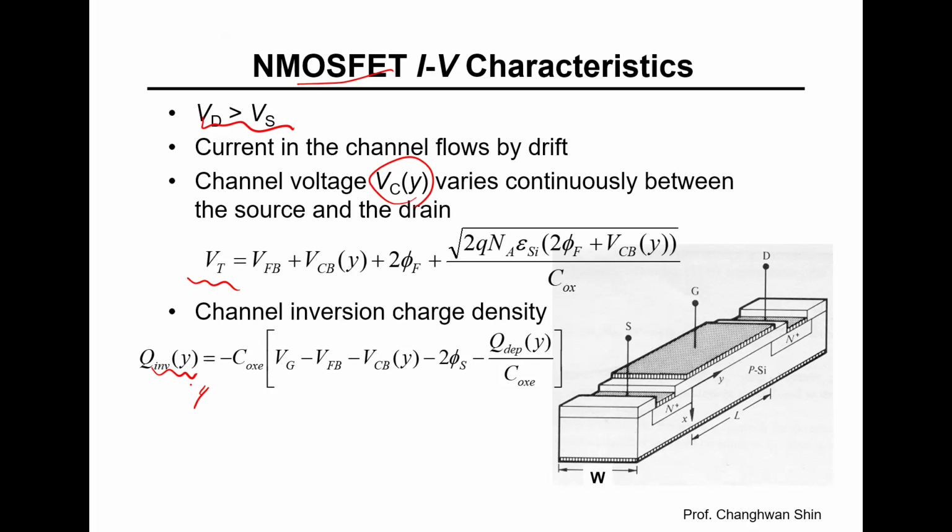So it is noteworthy how this charge density depends on several factors: gate voltage, definitely, and flat band voltage, the work function difference between metal and semiconductor, and the channel to body bias V sub CB as a function of y, and the surface potential psi s, and the depletion charge Q sub dep as a function of y. So understanding these relationships allows us to model how the drain current responds to changes in terminal voltages.